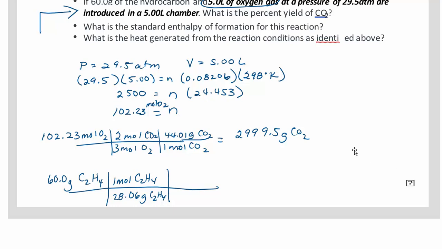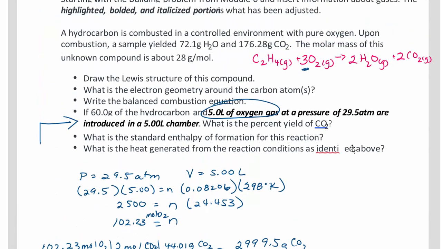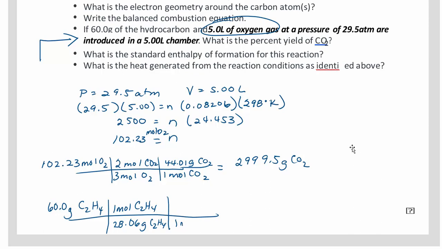So then I use the stoichiometry, and I believe it's 1 mole of C2H4 can make 2 moles of carbon dioxide. And then I'm going to convert that into grams by using the molar mass, 44.01 grams per 1 mole. So in order to perform this calculation, I have 60 times 2 times 44.01 divided by 28.06. And I get that I can make 188.21 grams of carbon dioxide.